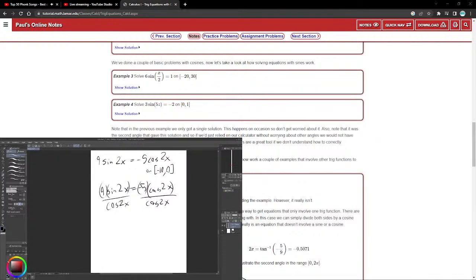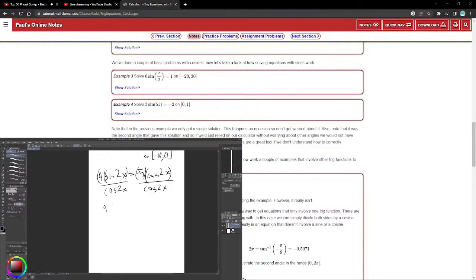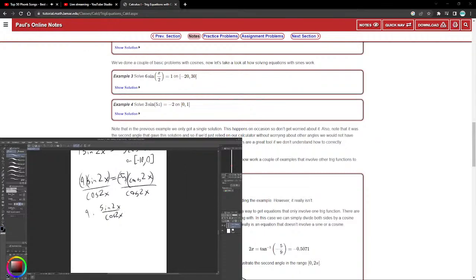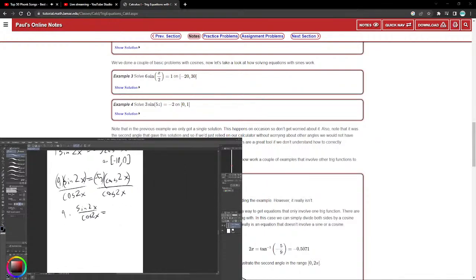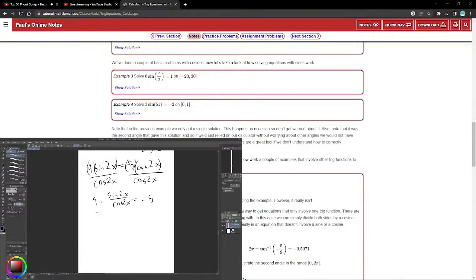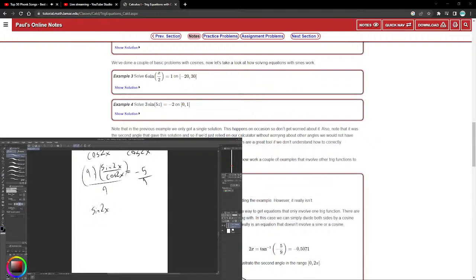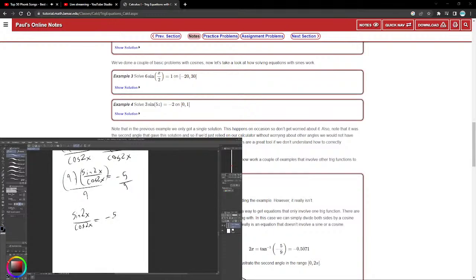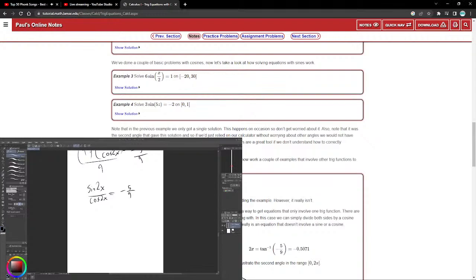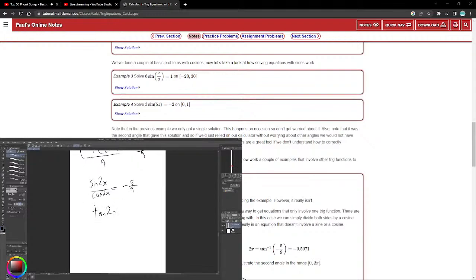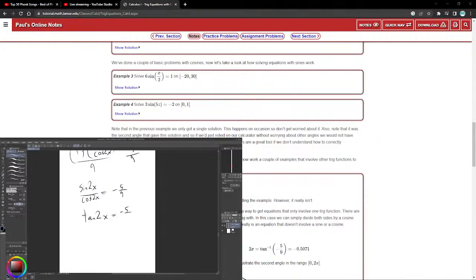I think I still can, maybe? 9 times sine 2x over cos 2x equals -5, and then just divide by 9. That's probably how they did it. So sine 2x over cos 2x equals -5/9. Turn that into tan 2x equals -5/9.